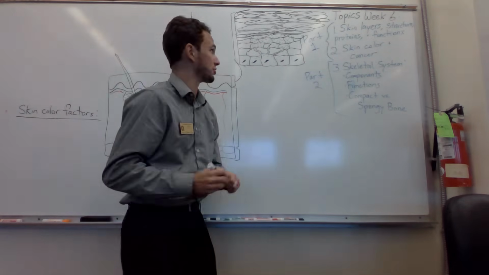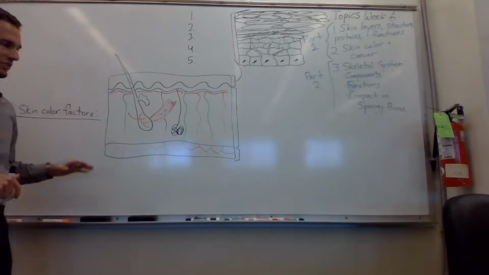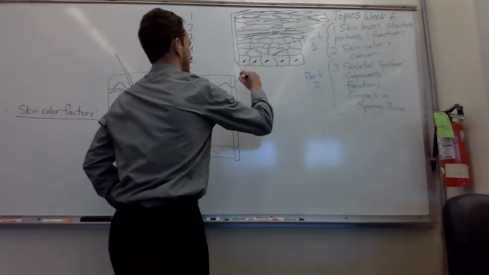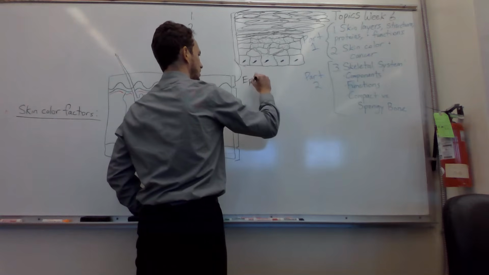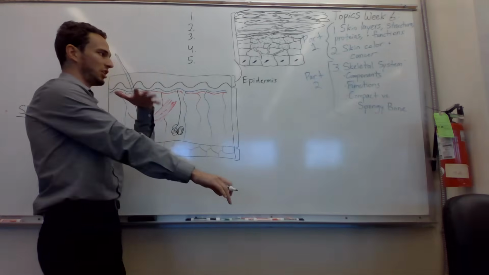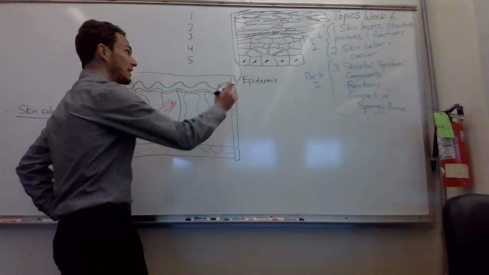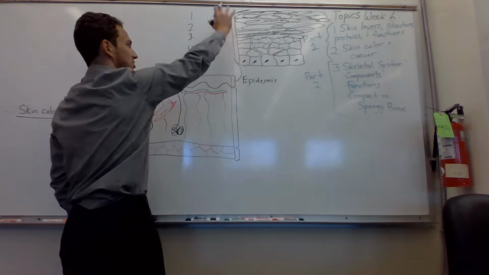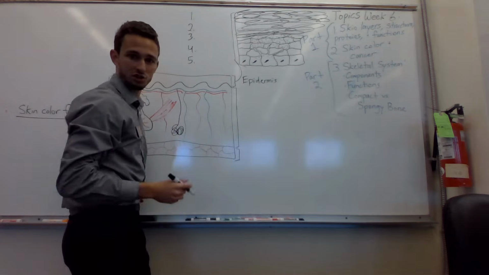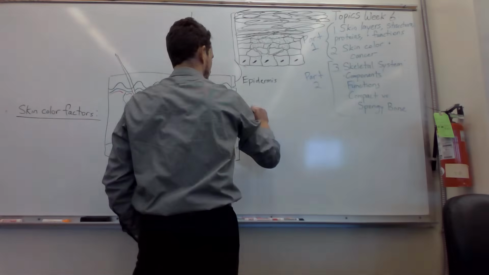So let's get rolling. First off, I've got a great diagram of the skin here. I drew it myself. The three layers of the skin are as follows. We have our epidermis, which is the most superficial, which means the most exterior part of the skin. That's going to consist of 5 different layers, which we'll talk about in a second. The main portion of your skin is called the dermis. This is the dermal layer.